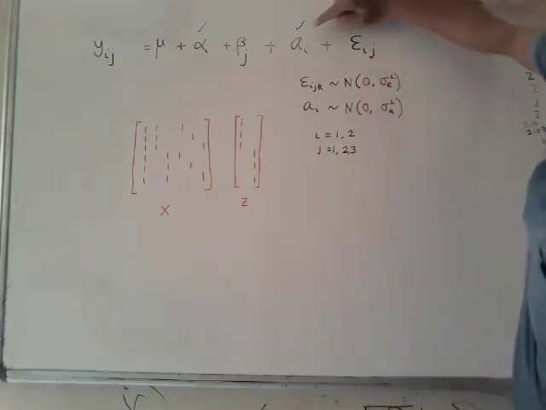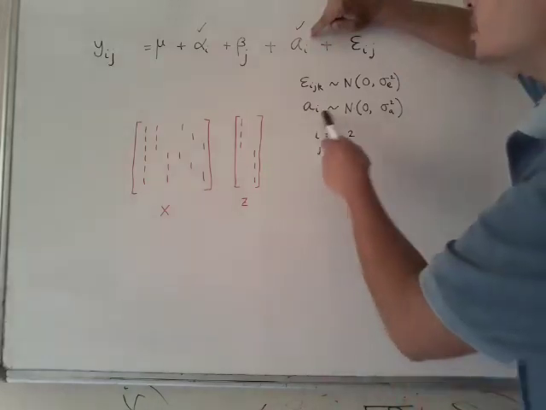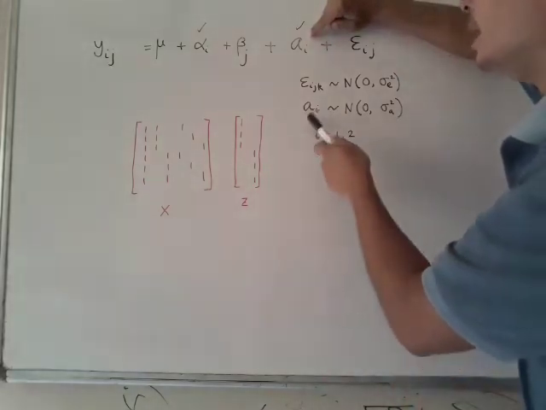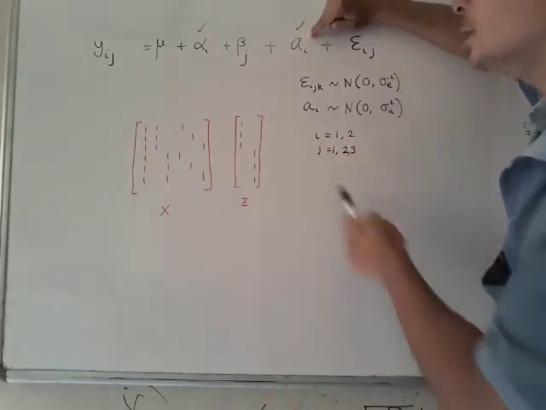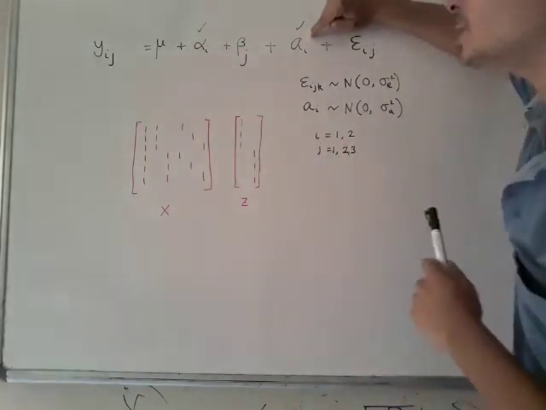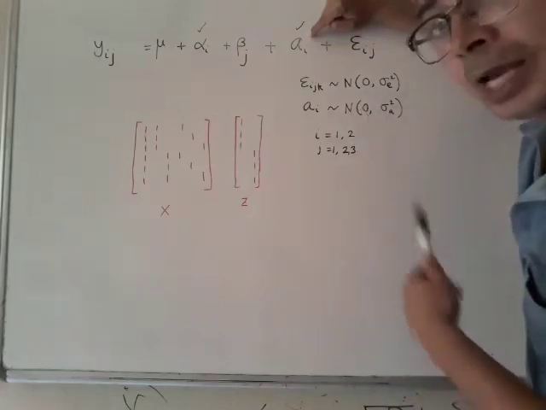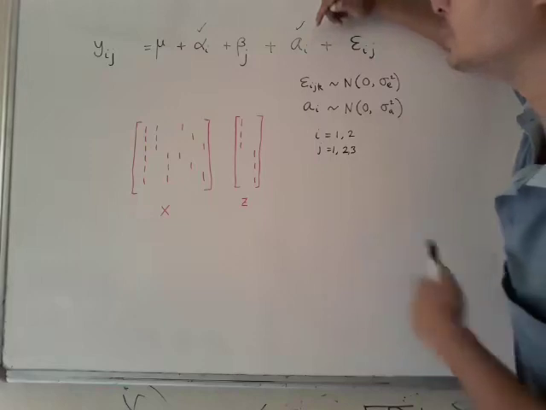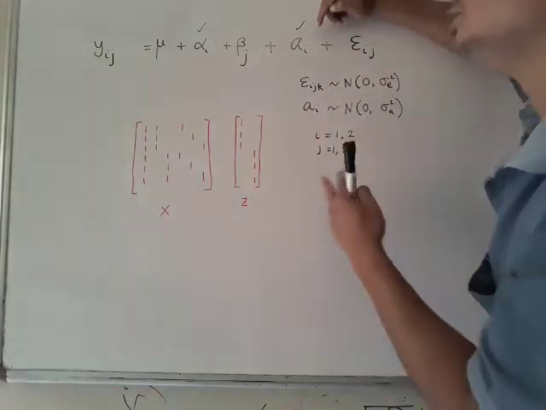So when we say that a i is a random effect, we have some such assumption in mind: a i follows normal 0, sigma a squared. Now by the theory of linear mixed effects model, we always make the mean 0. But it may happen that you actually expect this mean to be non-zero. So a i will have some non-zero mean which you do not know.